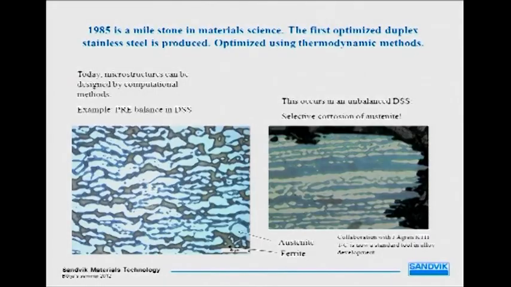When a steel is not optimized, such as a duplex stainless steel, one of the components is more sensitive to corrosion than the other. So an important task for the design engineer or the alloy developer is to optimize the ferrite and the austenite so as to achieve equal corrosion resistance in ferrite and austenite.